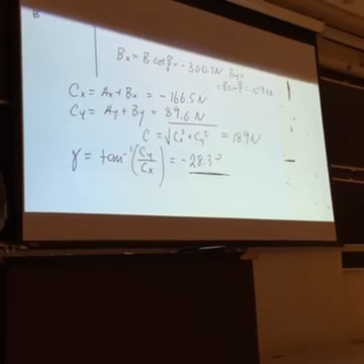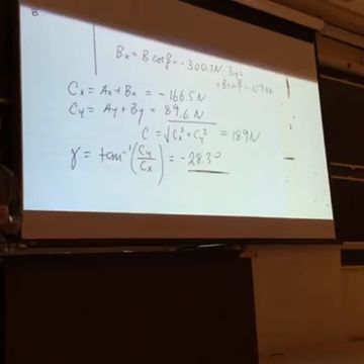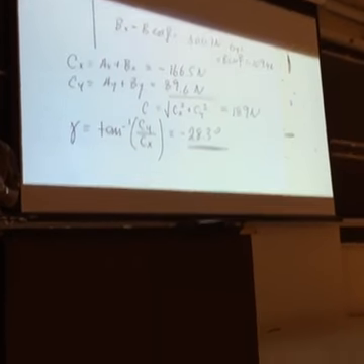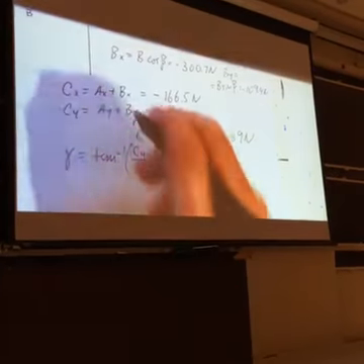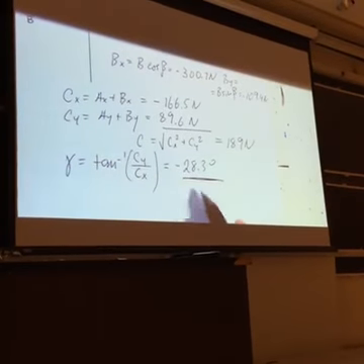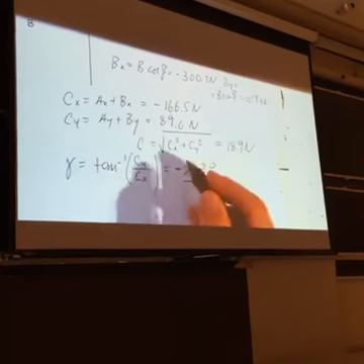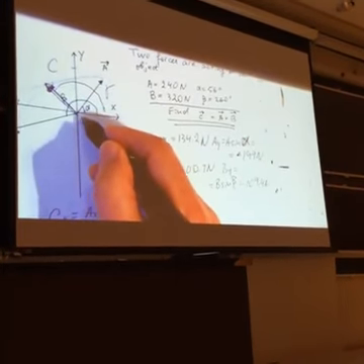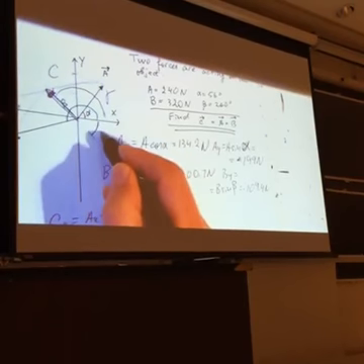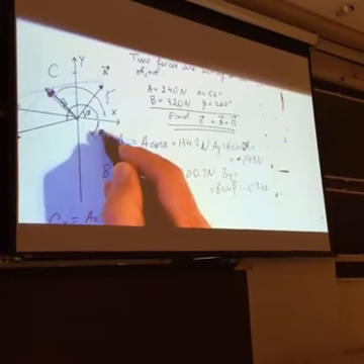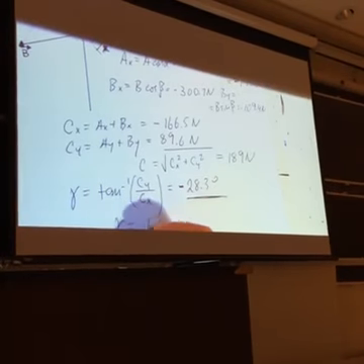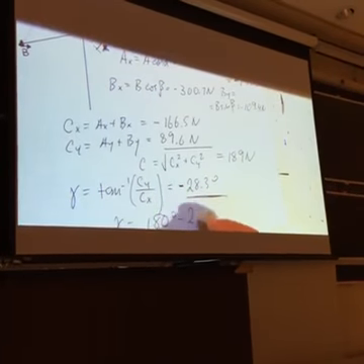If you are required to provide this angle relative to the positive x-axis, you need to make sense of this angle. So this negative 28 is this angle, and this is your vector. So the real angle gamma would be 180 degrees minus 28.3.